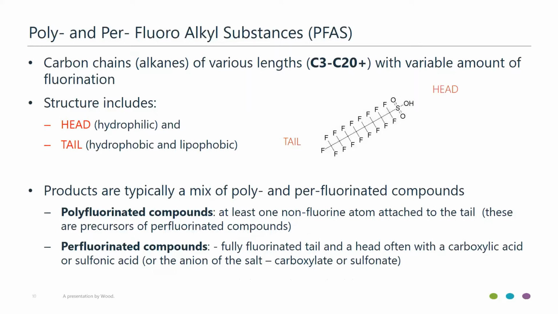And they can be varying lengths. So we see here it says C3 to C20. So these are different chain lengths of these alkanes. And they tend to have very specific structures.